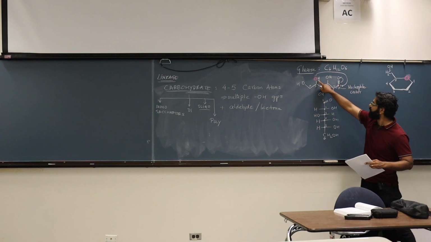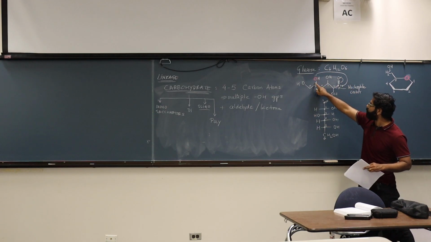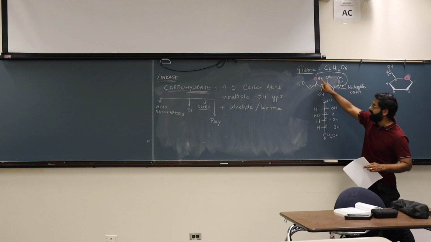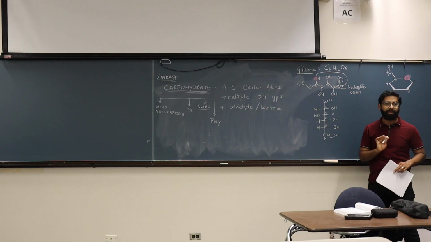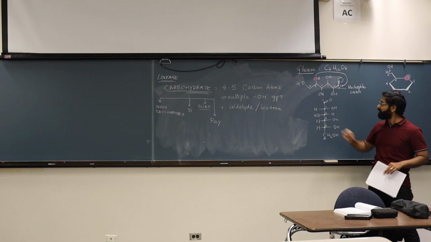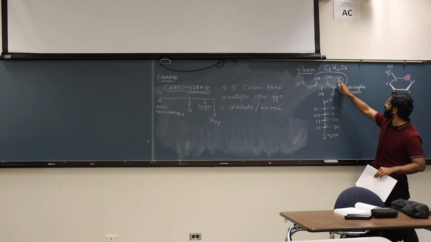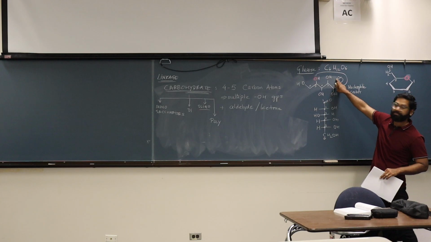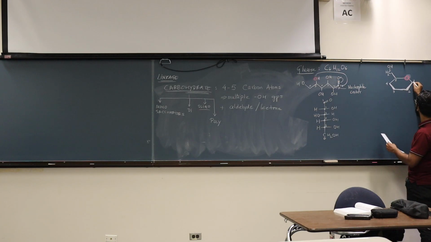This got a minus charge. Now this oxygen already had 2 bonds, one with this carbon and another with hydrogen. If this is attacking, it has to release one of its bonds, right? So this hydrogen was released and was taken up by this oxygen. That is why you will get that OH in here.